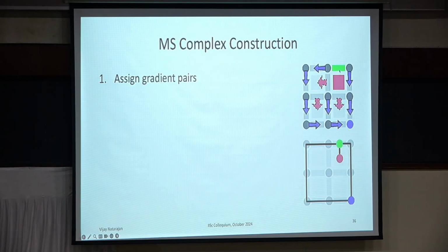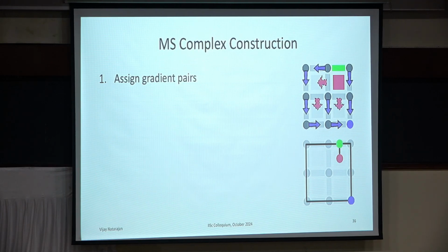A saddle is now represented by an edge, one which is not paired. All the others are paired. This vertex is paired with an edge, so it is a regular point, right? So gradient line tracing is now path tracing in a graph.